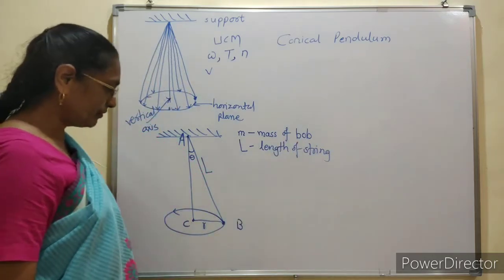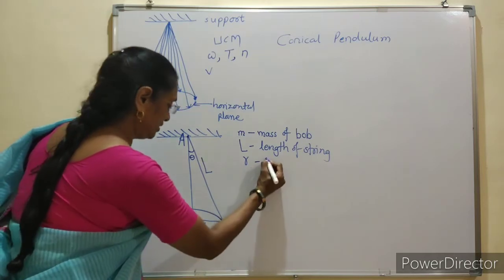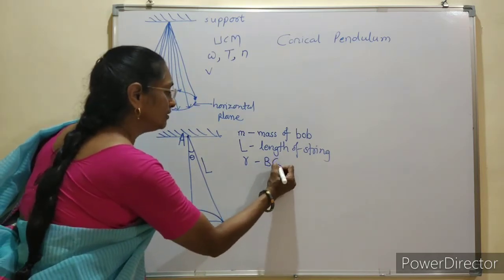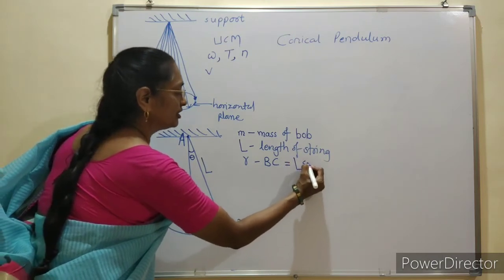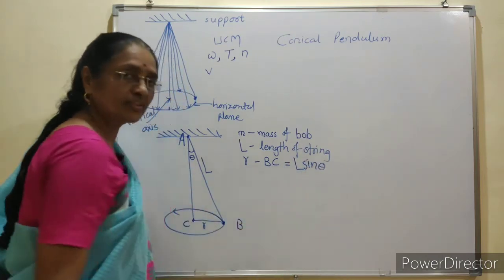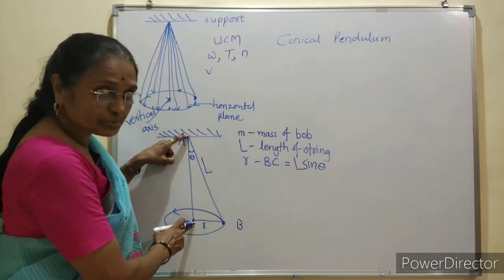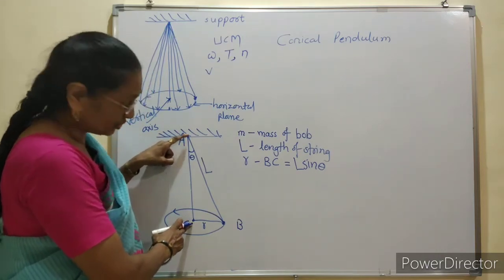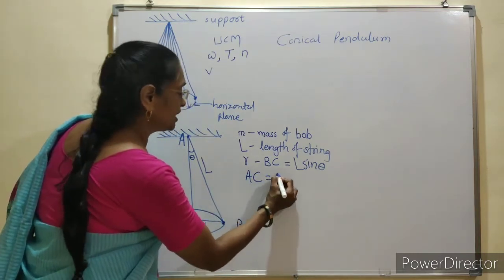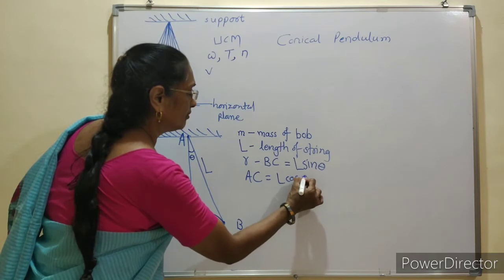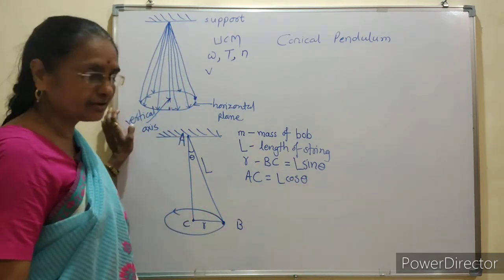Then from the geometry of the figure we write R is the radius of the circular path. It is BC, equal to L sin theta. The distance from the point of suspension to the center of the circular path is AC. It is L cos theta. Here simple geometry is there.